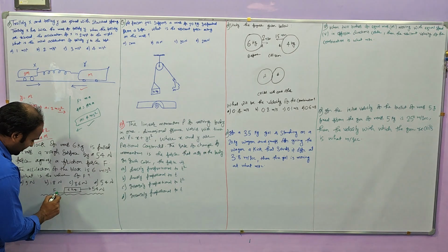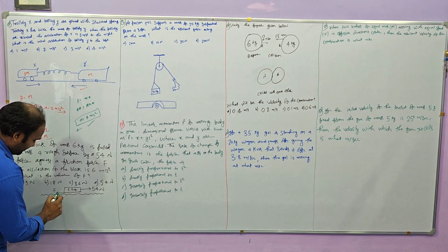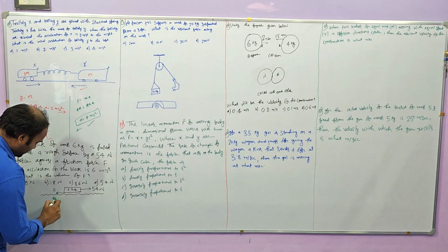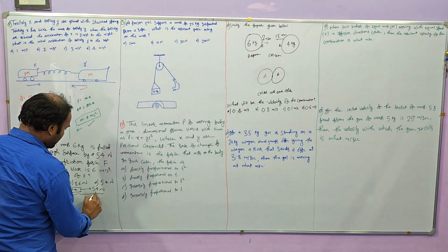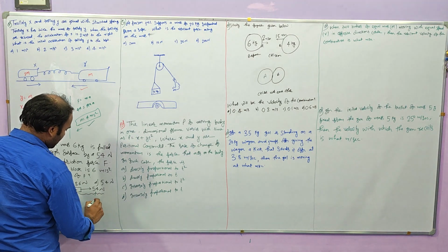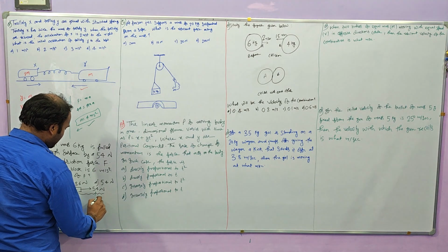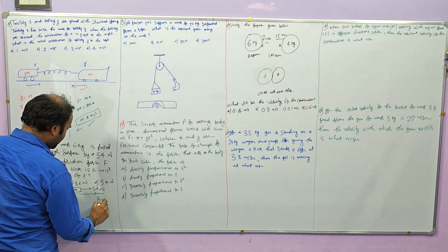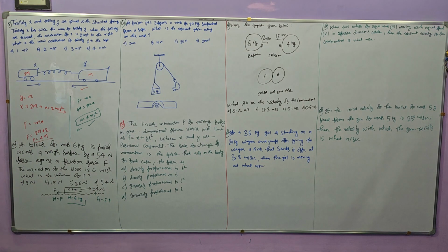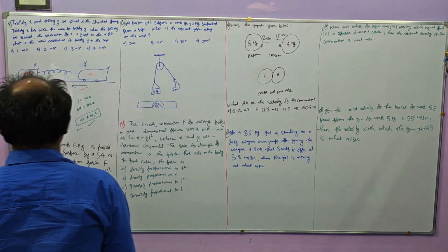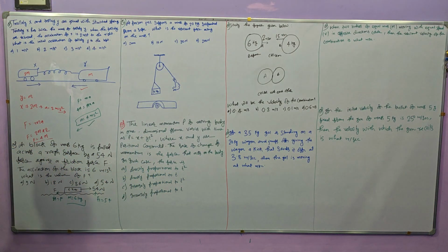There is a friction in this direction, Fx, equal to F, and a force is applied here, F1 is equal to 54 Newton, and mass m is equal to 6 kg. The surface is rough. So what is the value of F?